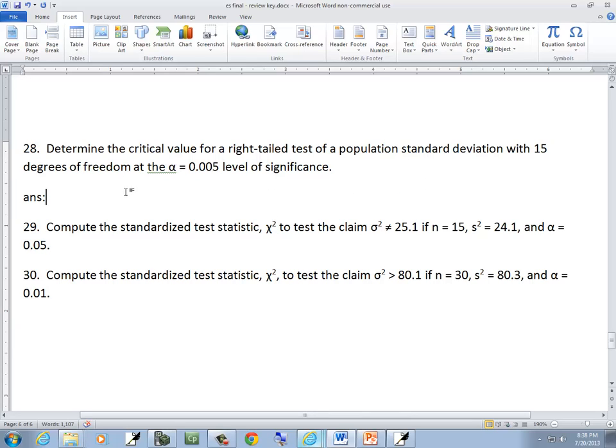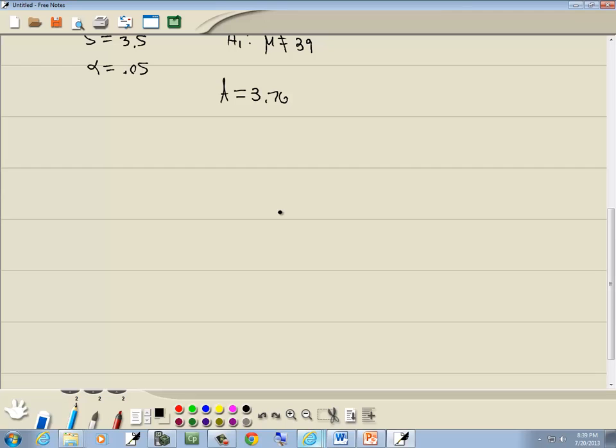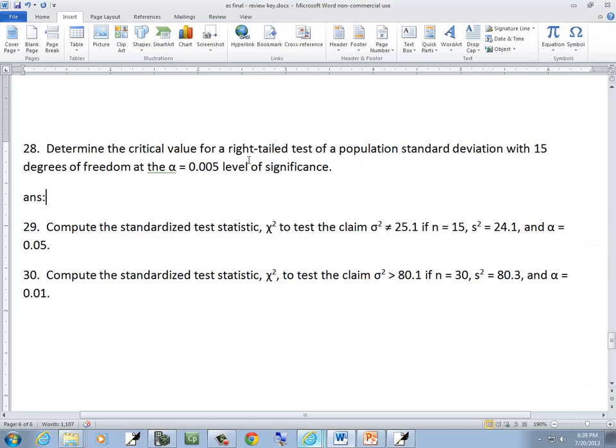Now, number 28. Determine the critical value for a right-tailed test of a population standard deviation with 15 degrees of freedom and alpha is equal to 0.05 level of significance. Number 28. This is supposed to be a chi-square. The picture looks slightly different. Same idea if you drew a bell shape, though. We're dealing with a right-tailed test.